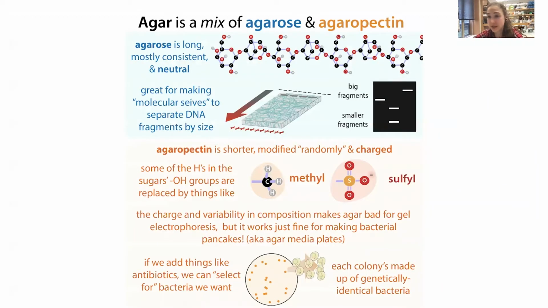Agar is a mix of agarose, which is the sugar that we use when we're separating DNA fragments by size using electrophoresis, as well as agaropectin, which is shorter and modified kind of randomly and charged. This charge and variability in composition makes it so that you wouldn't want to use it to separate DNA, but it's really good for making bacterial pancakes, these agar media plates.